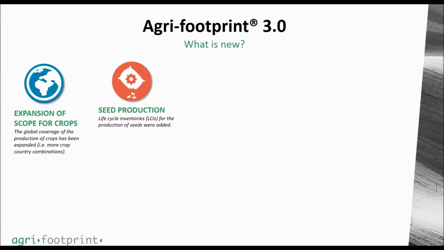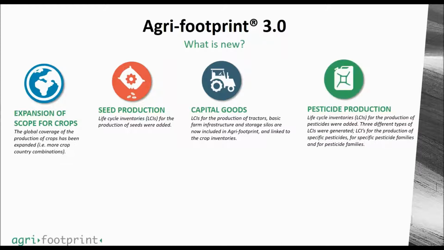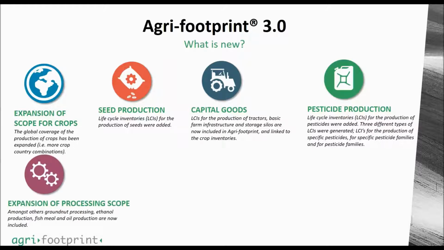We have also included some basic capital goods such as tractors and silos, and we have also added the pesticide production. Moreover, the processing scope has somewhat been expanded as well, with the addition of processes such as groundnuts cultivation, ethanol production, and fish meal and oil production.